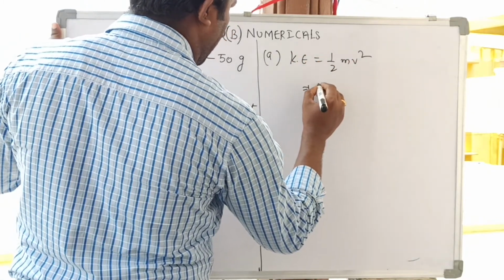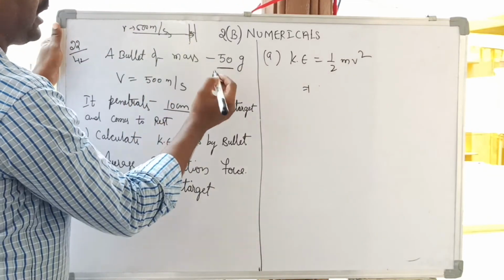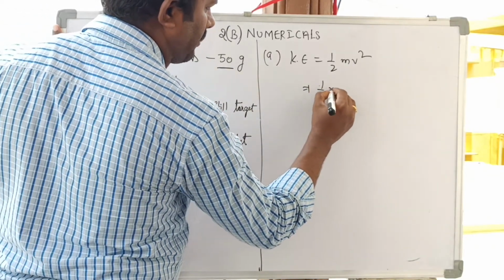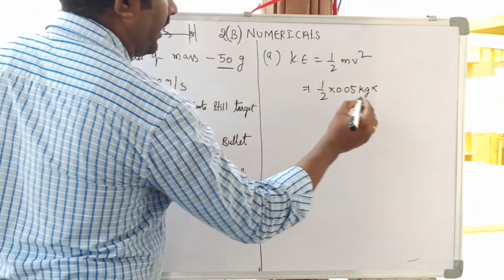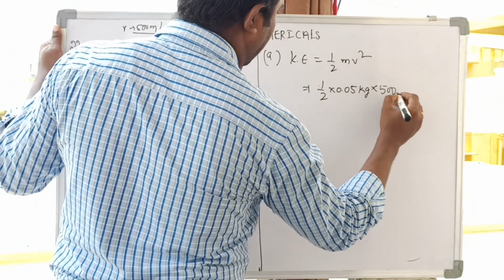So here, 50 grams, we take it in kilograms, that is 0.05 kg, and velocity is 500 meters per second.